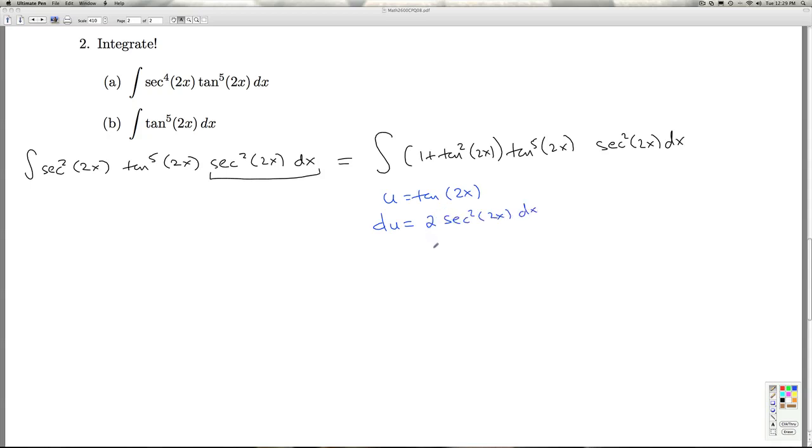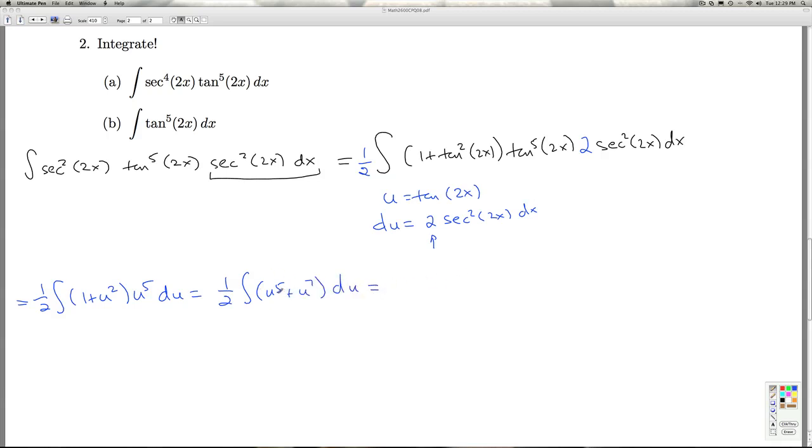So once again, we're picking up a factor of 2 from the chain rule, and I can make the usual adjustment so that in the land of u, this integral becomes 1/2 integral of 1 plus u squared times u to the fifth du, which is 1/2 integral u to the fifth plus u to the seventh du.